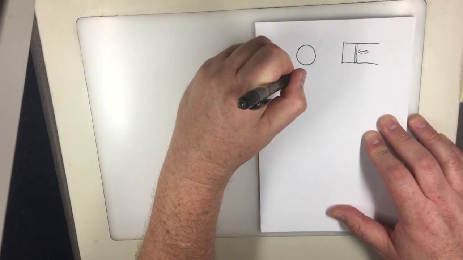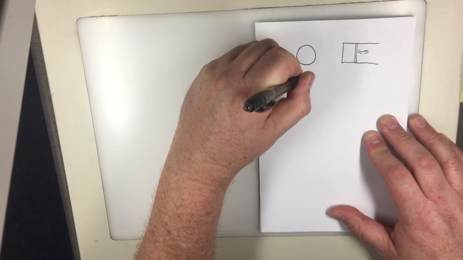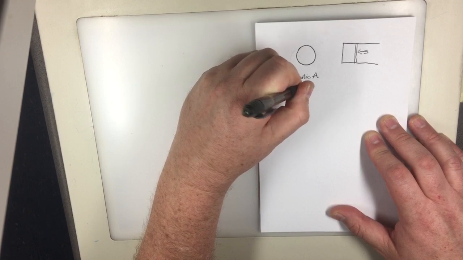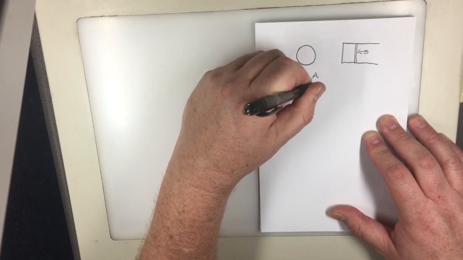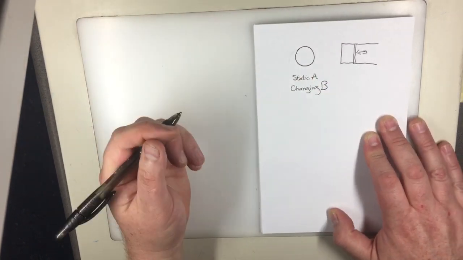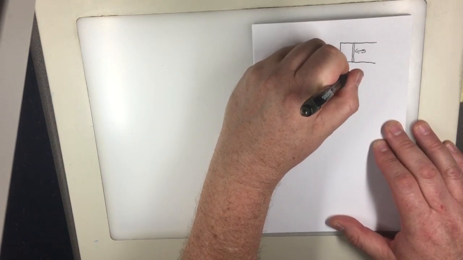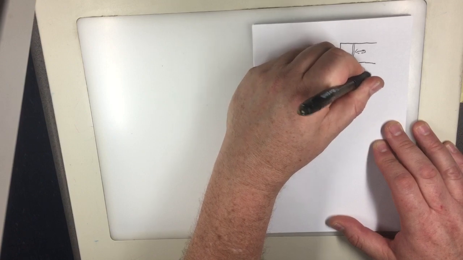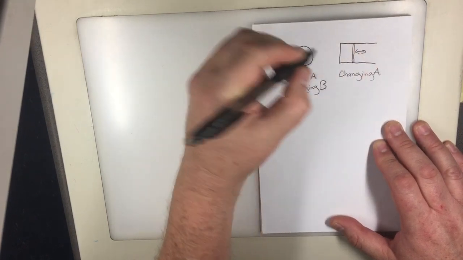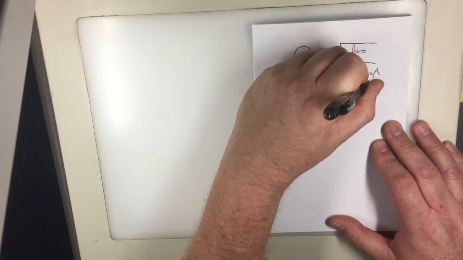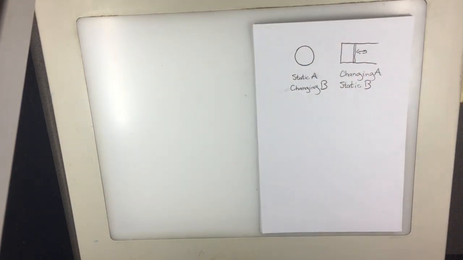Here there is a static area and a changing B. Over on the right we have a changing A and a static B. So in one case the area is changing, in the other case the B field is changing.